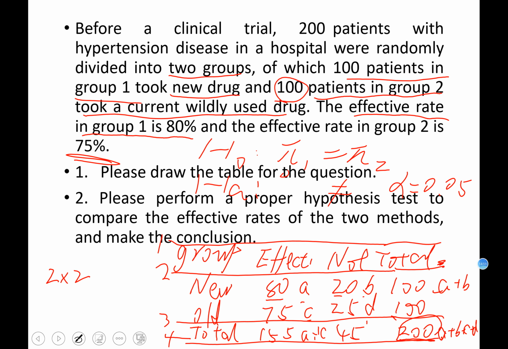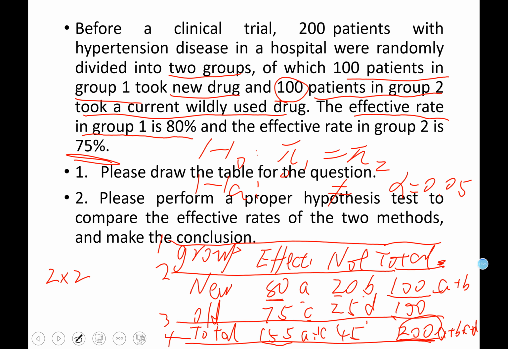For example, for cell A, its corresponding expected frequency should be its row total 100 times its column total 155 divided by the little n, 200. And we can find that this T is bigger than 5.